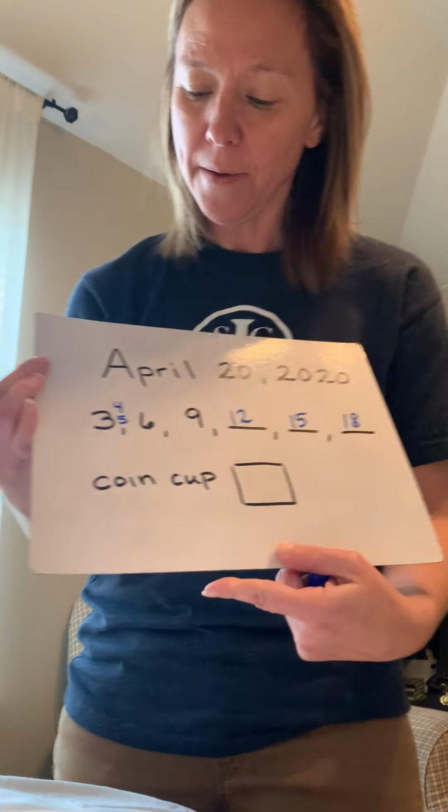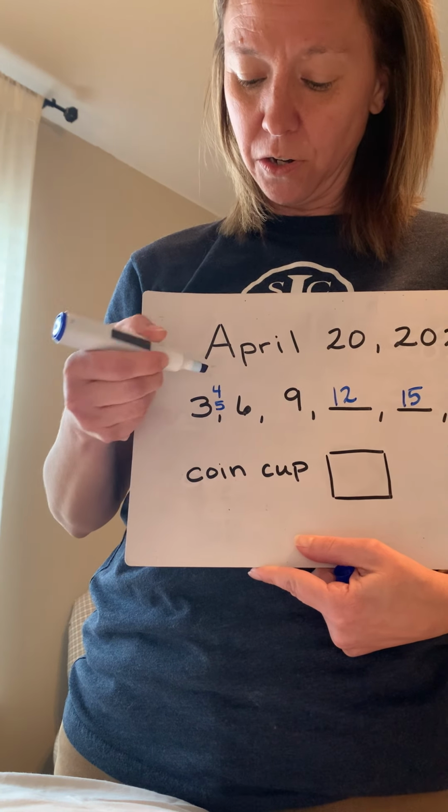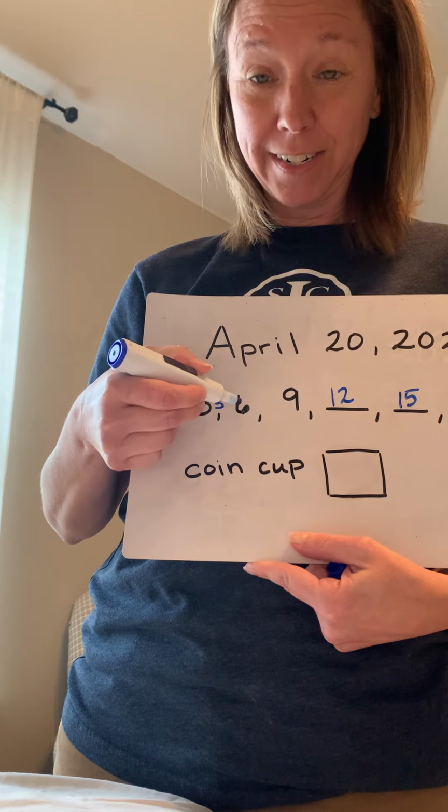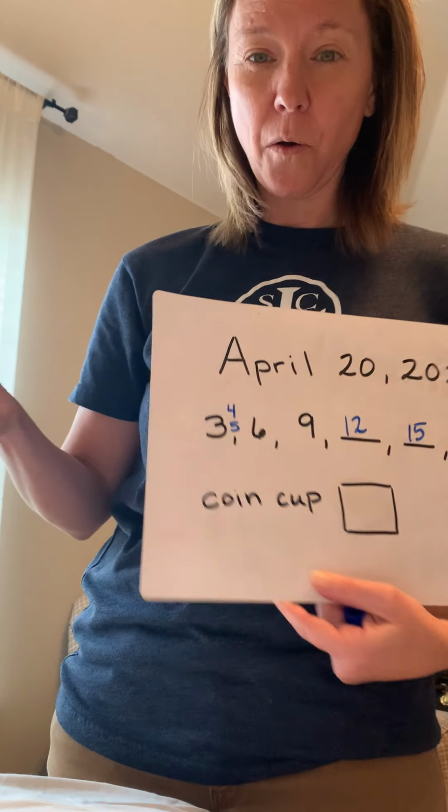So I'm going to write something down and see if you can notice this, okay? What number comes between 3 and 6? I'm going to write it down and kind of in between it. Okay? So I have 3, 4, 5, 6, right? Now what comes between 6 and 9?